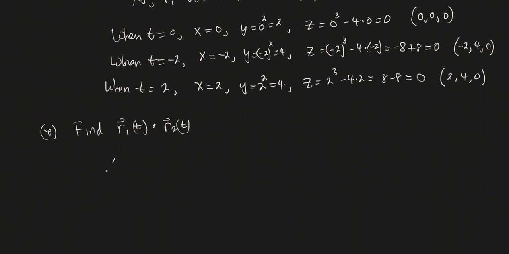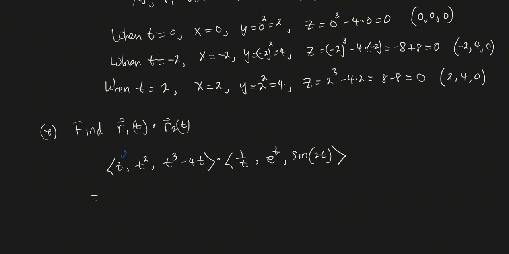So again, let me write down R1 just so that we have it. We have t, t squared, and t cubed minus 4t dotted with 1 over t, e to the t, and then the sine of 2t, right? Even though we don't have specific numbers in these components, we now have functions, we can still perform our dot product. Remember what our dot product says.